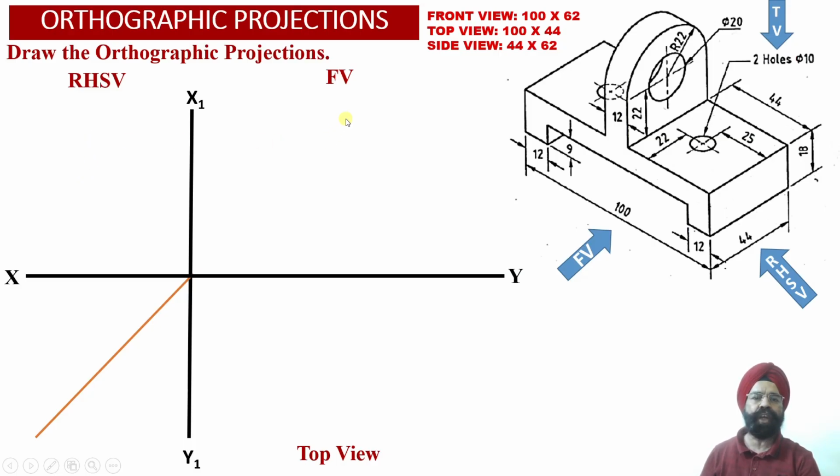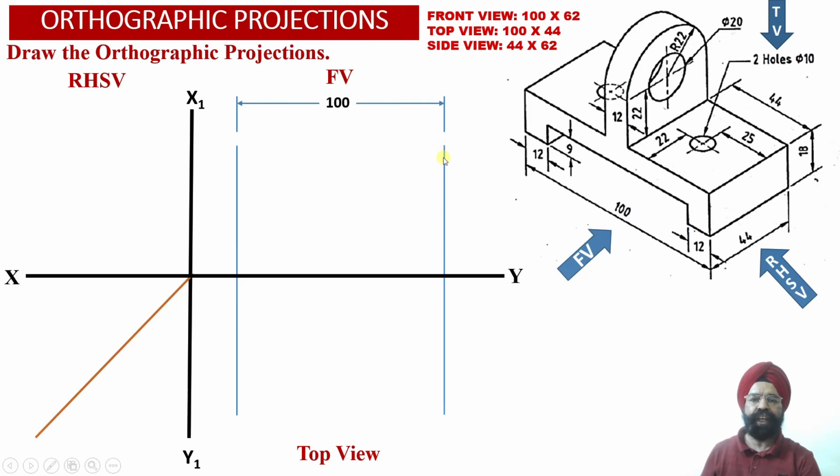So let us proceed to evaluate the dimensions of the front view face, top view face and the right hand side view face of the solid. We know that the front view face of the solid has dimensions 100 mm width and 62 mm height. Here we have drawn two vertical projector lines into the front view projections such that the distance between these two vertical projector lines is equal to 100 millimeter, which is the width of the solid.